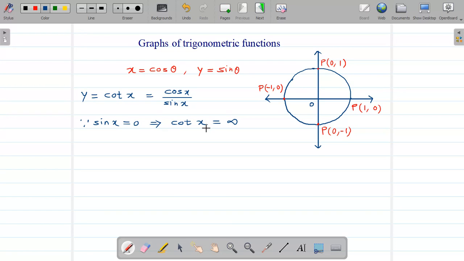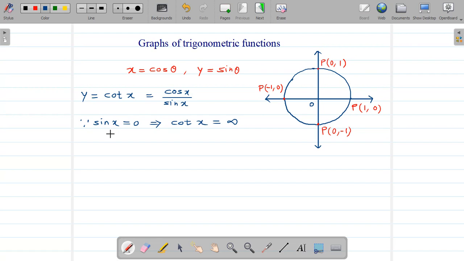So as per the definition of a function, we have to remove all the angles where the cot function is undefined, or you can say cot x is equal to infinity. And how will you get that cot x is equal to infinity? Because sin x is equal to 0, since cot x is equal to cos x upon sin x. If the denominator becomes 0, then the cot function will be infinity for that particular angle.